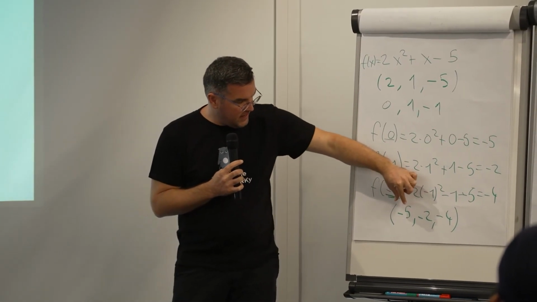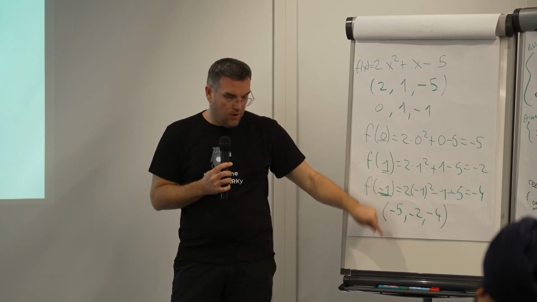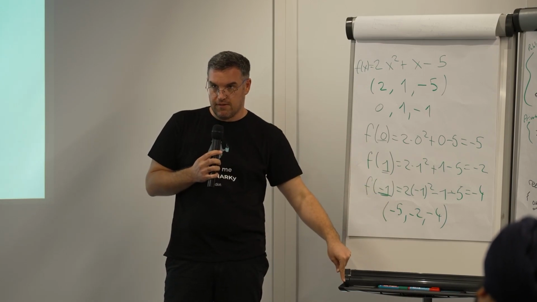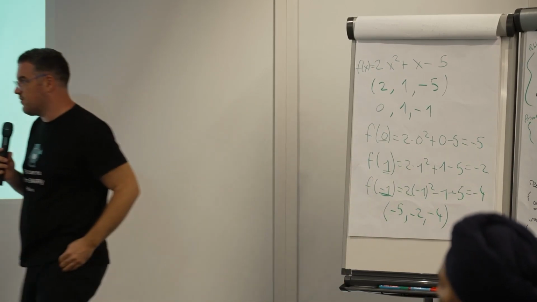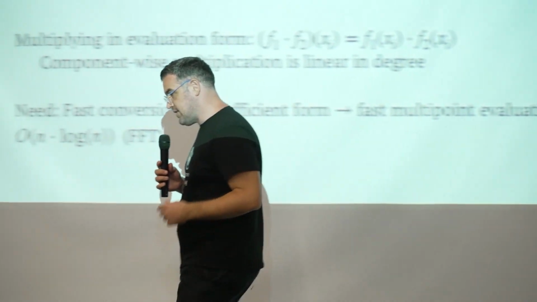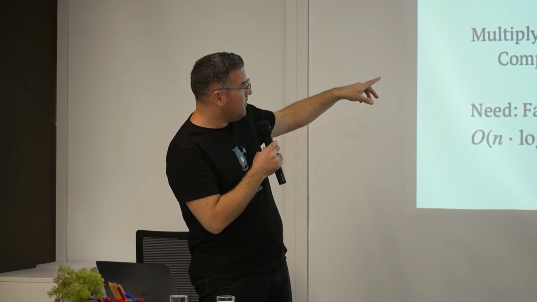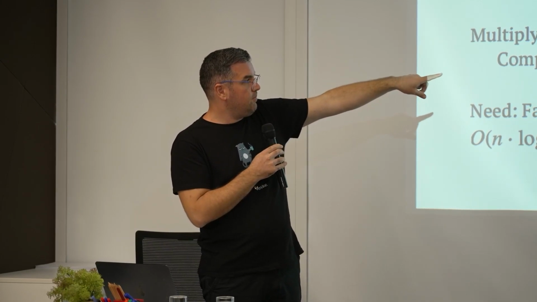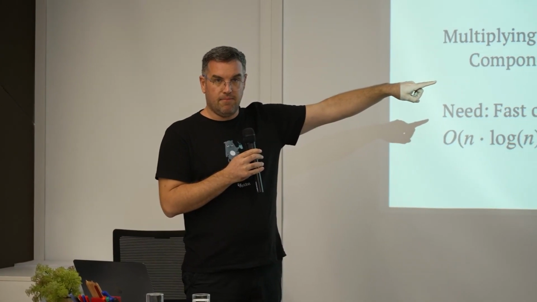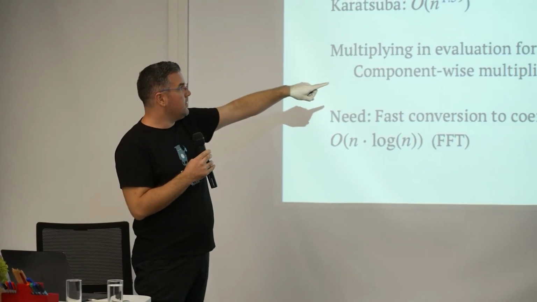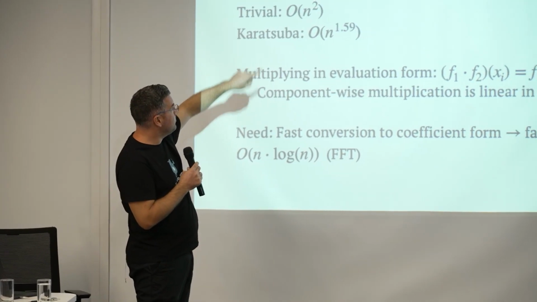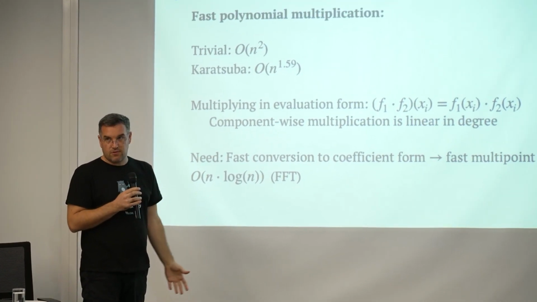You take the values at each of the evaluation points of both polynomials, multiply them together, and that will give you the value of the product of the polynomials at the same evaluation point. Yeah? This way you get a very fast algorithm that's linear in the degree. That's something you cannot do if those polynomials are represented in coefficient form.